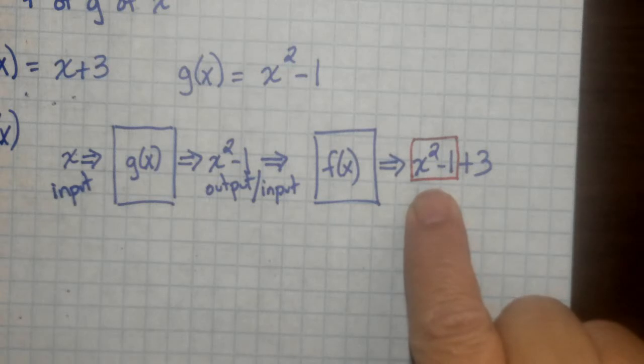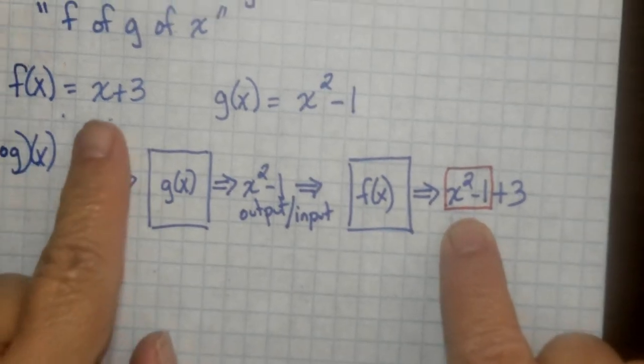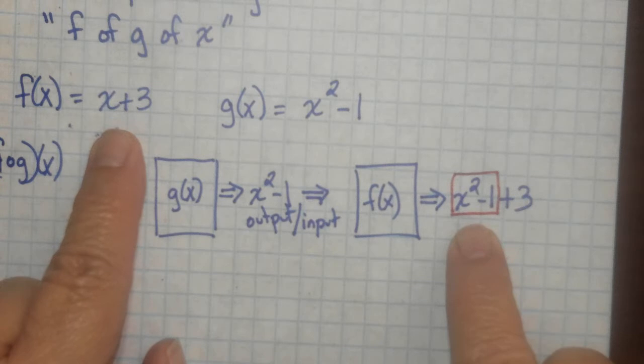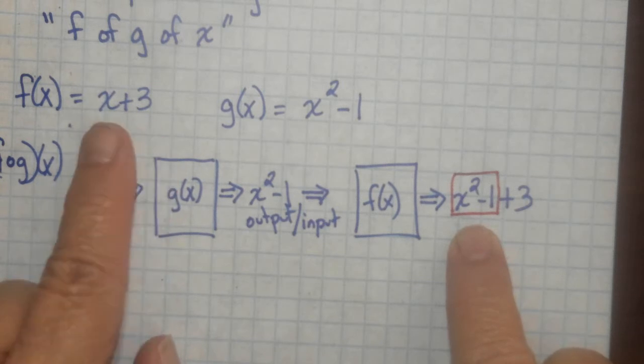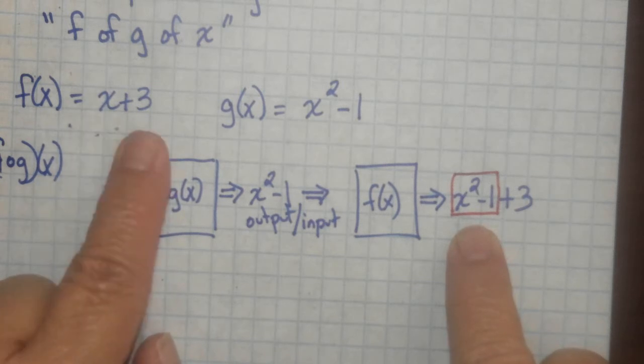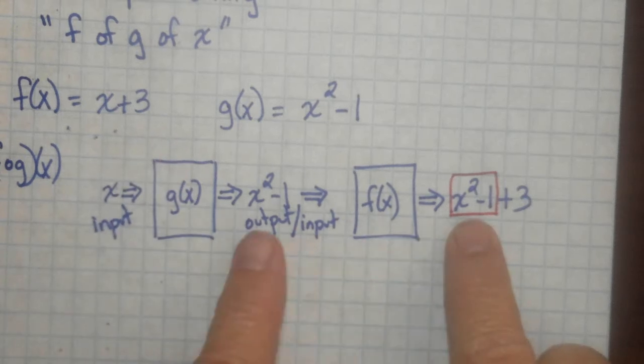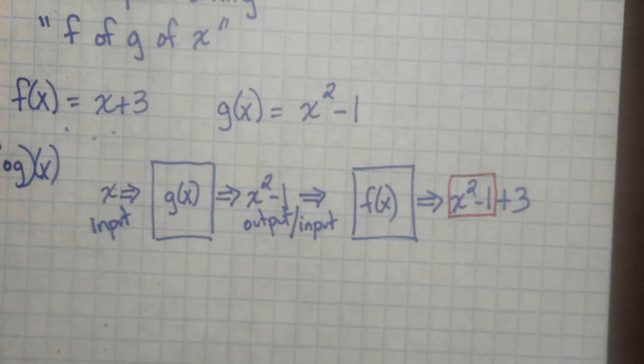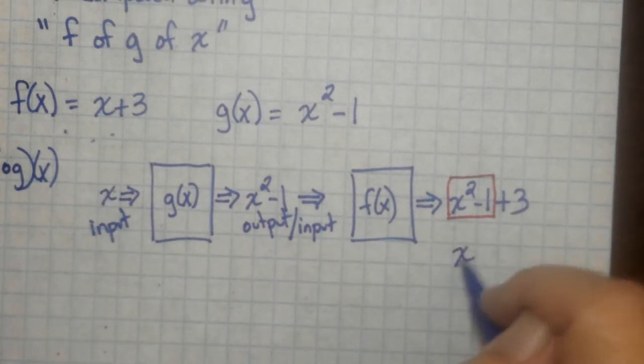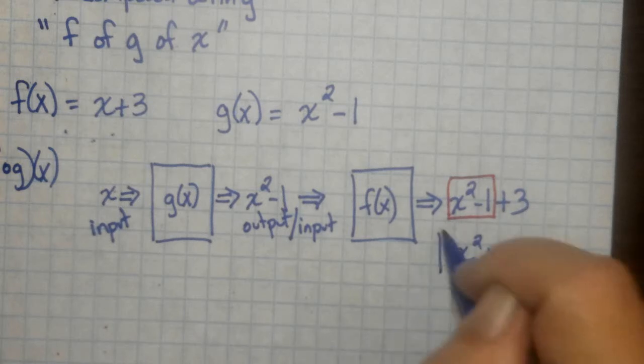That's where my input went. See? Don't think of this as x plus 3. Think of this as input plus 3. And now my input is the output from g of x. And then I just take that and simplify it down to x squared plus 2.